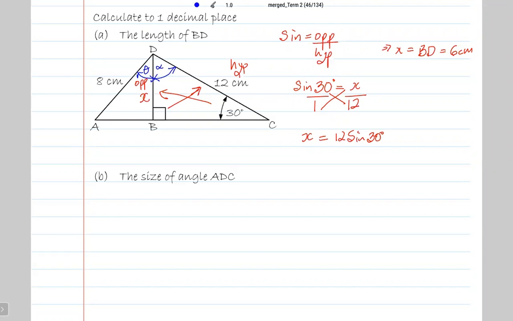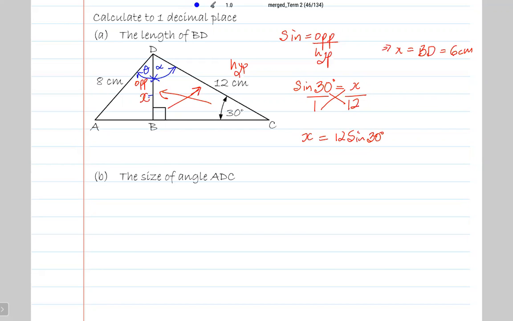The basic reason for that is that trig ratio can only help you to find the size of an unknown angle in a right angle triangle. ADC is not a right angle triangle, therefore you will not be able to find angle ADC using trig ratios directly. So angle ADC would therefore be equal to theta plus alpha.